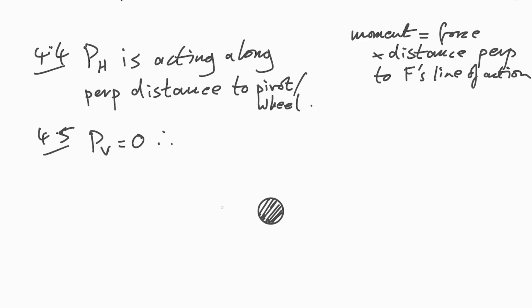So I'm just going to do that. Actually, I changed my mind. I'm going to do that with a solid line. That there is 2,500 newtons. The distance to the pivot, to the wheel, is 0.8 meters. So we can find out that moment due to the trailer's weight.